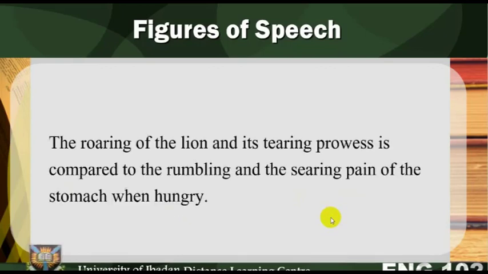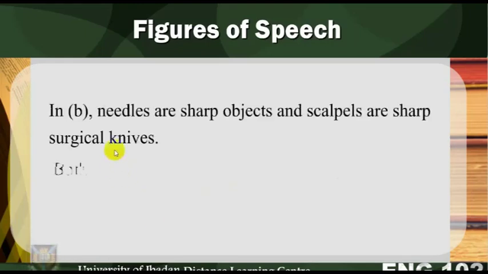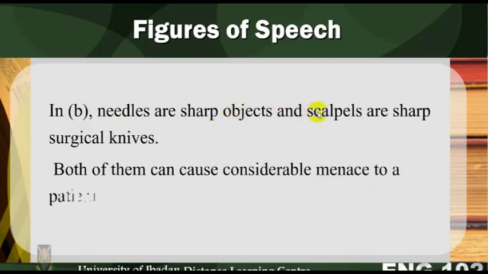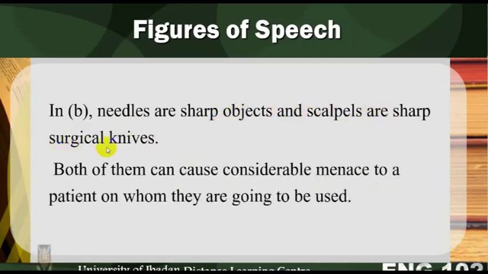The roaring of the lion and its tearing prowess is compared to the rumbling and the searing pain of the stomach when hungry. In B, needles are sharp objects and scalpels are sharp surgical knives. Both of them cause considerable menace to a patient on whom they are going to be used.